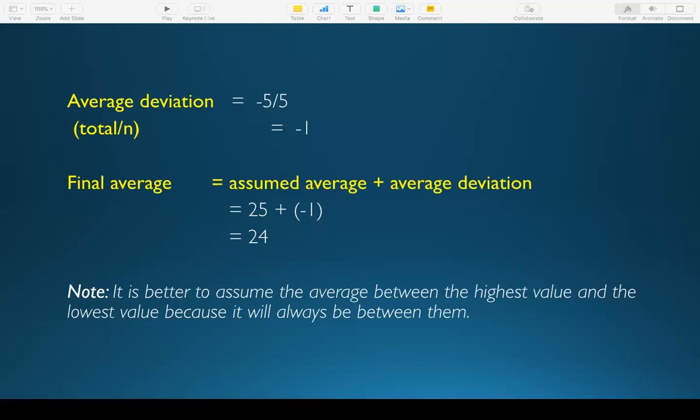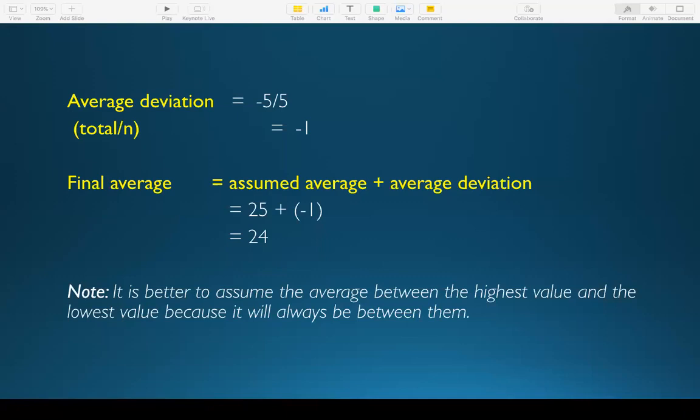Since the number of terms was 5, the average deviation will come out to be -5 by 5, which is -1. So the final average will become the assumed average plus the average deviation. Since the assumed average was 25 and the average deviation was -1, this becomes 24. So 24 will be the actual average of the given set of numbers.